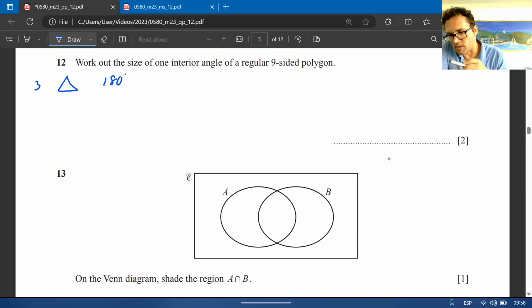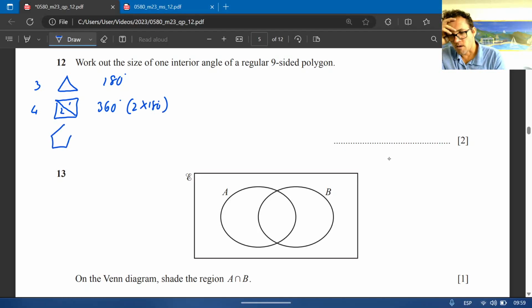A triangle has 3 sides. A square or a rectangle, which is 2 triangles, has 4 sides and adds up to 360, or 2 times 180, because there are 2 triangles.